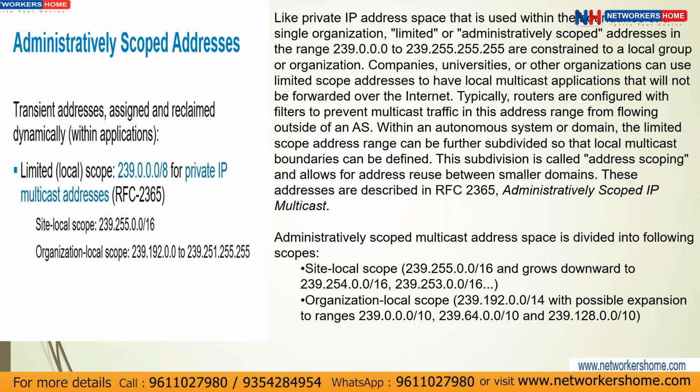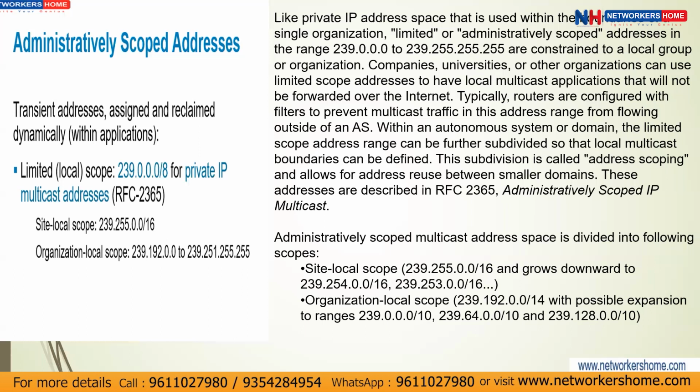Typically, routers are configured with filters to prevent multicast traffic in this address range from flowing outside of an autonomous system. Within an autonomous system or domain, the limited scope address range can be further subdivided so that local multicast boundaries can be defined. The subdivision is called address scoping and allows for address reuse between smaller domains.